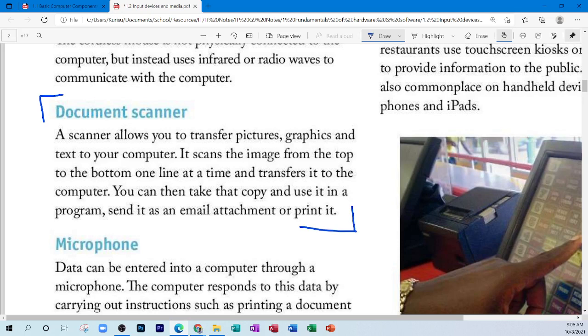A scanner allows you to transfer pictures, graphics, and text to your computer. It scans the image from the top to bottom, one line at a time, and transfers it to the computer. You can then take the copy and use it in a program, send it as an email attachment, or print it. Good. Has anyone ever used a document scanner?